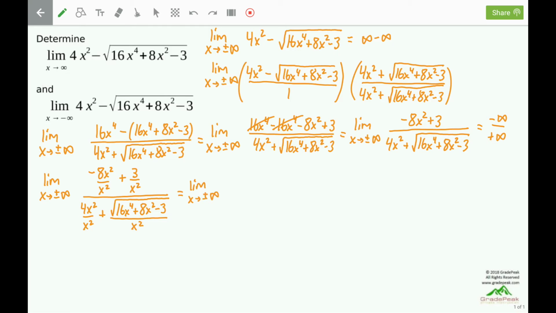In the numerator, the first term, the x squareds will cancel, leaving a negative 8. The second term, there are no x's to cancel. It will remain as a 3 over x squared. In the denominator, the first term, the x squareds will cancel, leaving a 4.